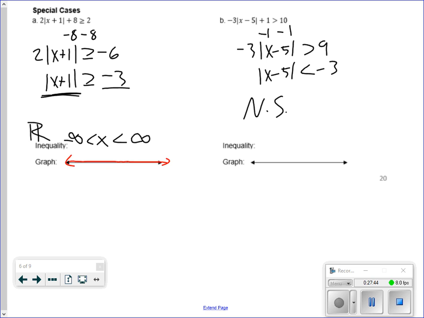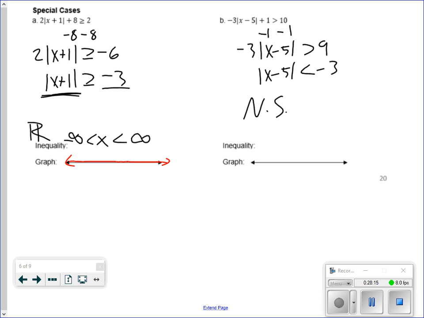No matter what number I put in there, I'm always going to get some positive number or 0, which is always going to be greater than negative 3. That's the opposite of what we want. We want the absolute value of x minus 5 to be less than negative 3, so any x value I choose is just not going to make any sense. So here I can just say there's no solution.